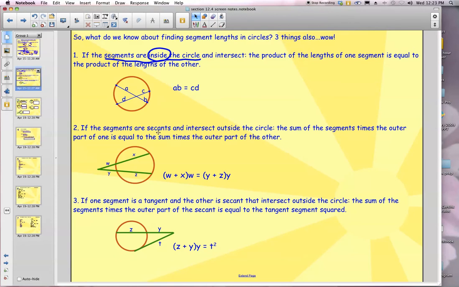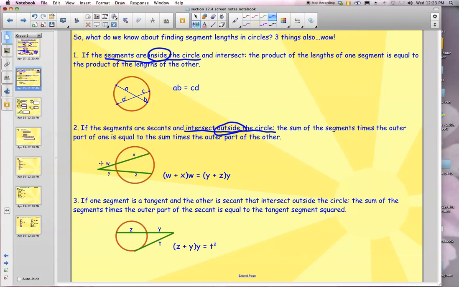The next one is when you have secants but they intersect outside the circle. Okay, they intersect outside the circle. This one's a little bit trickier. In this case, the relationship is the whole piece, so x plus w, times just the outside.